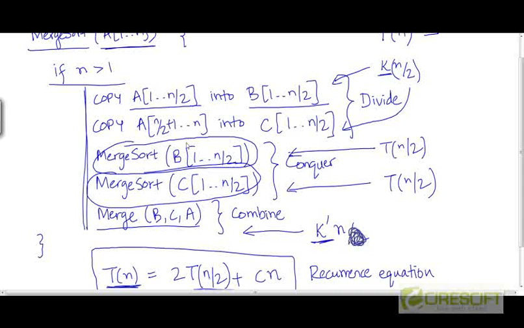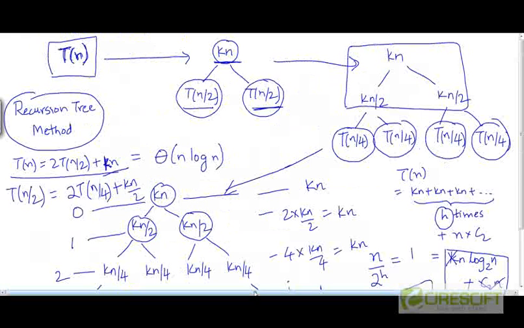We're going to execute the same number of steps the way we've written merge sort over here. And so both the average case time and the worst case time are going to be the same, because for every input of size n, the running time is exactly the same, and that's n log n.